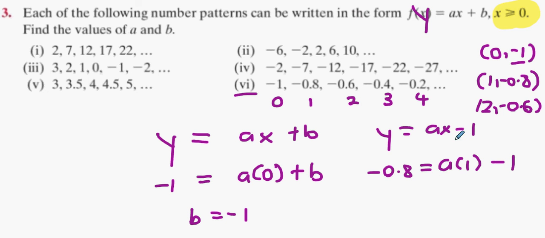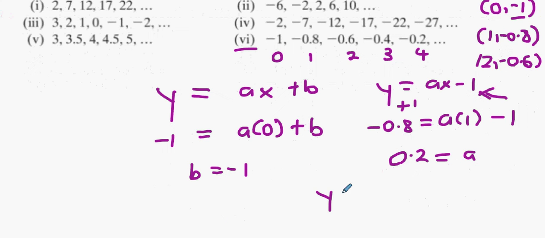Therefore, what must be the a value then when you move 1 over the other side? 0.8 minus 0.8 plus 1 is 0.2. Alright, what's the formula so? Y equals, anybody? Minus 1. Right, that'll work perfectly for x greater than or equal to 0. Is that alright with you guys? Alrighty.